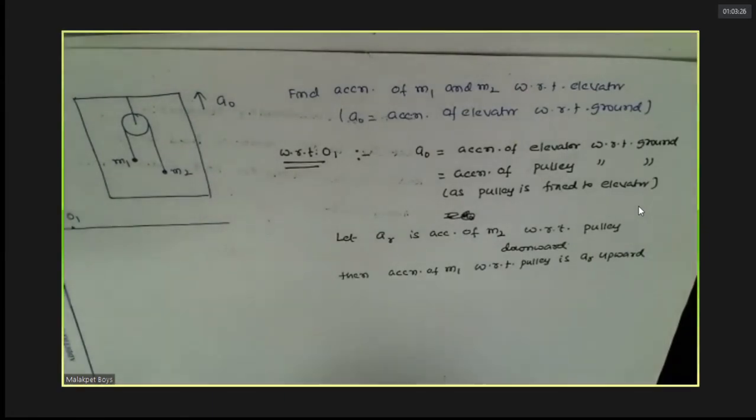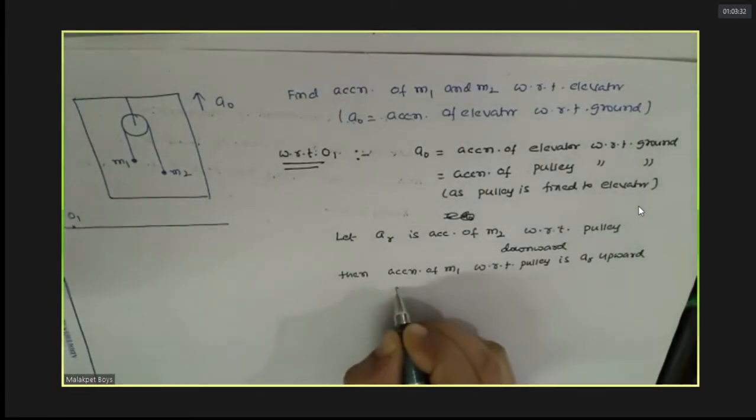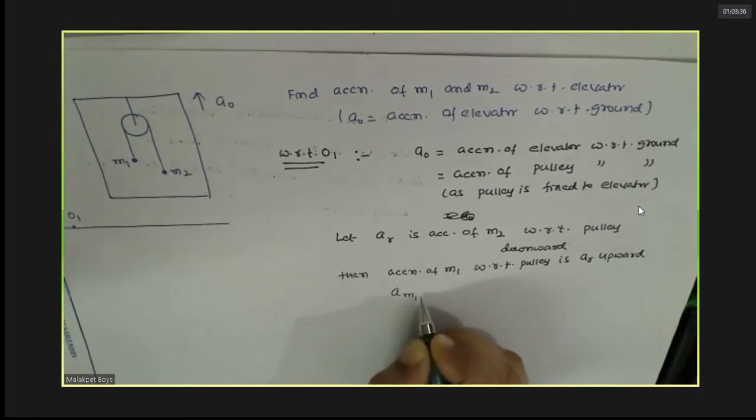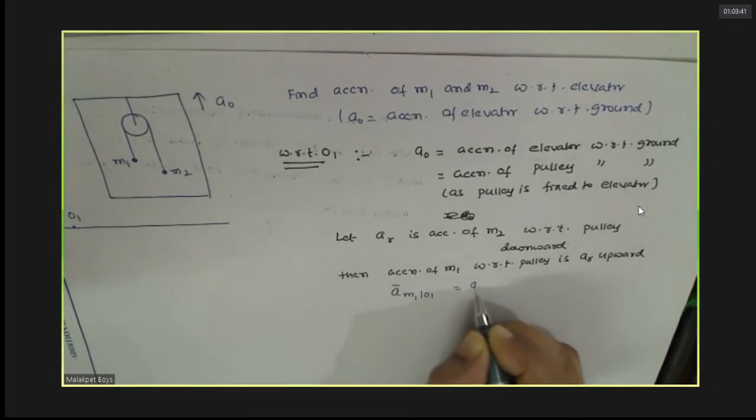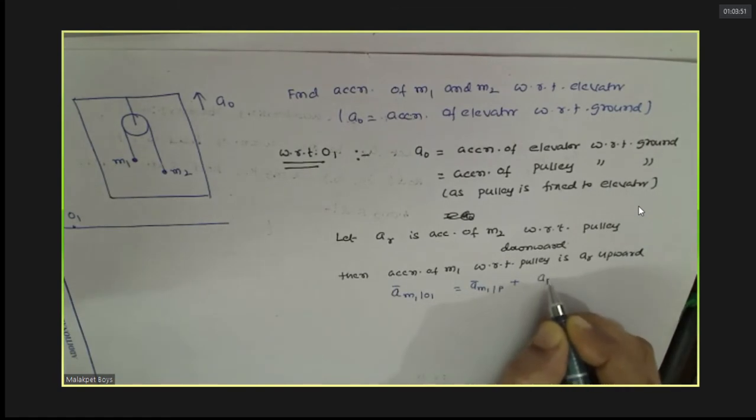Now we should get from this information the acceleration of M1 with respect to O1, which is nothing but the acceleration of M1 with respect to the elevator pulley plus the acceleration of pulley with respect to O1.